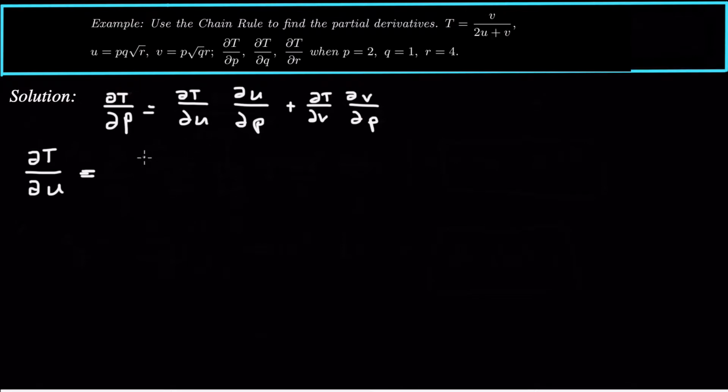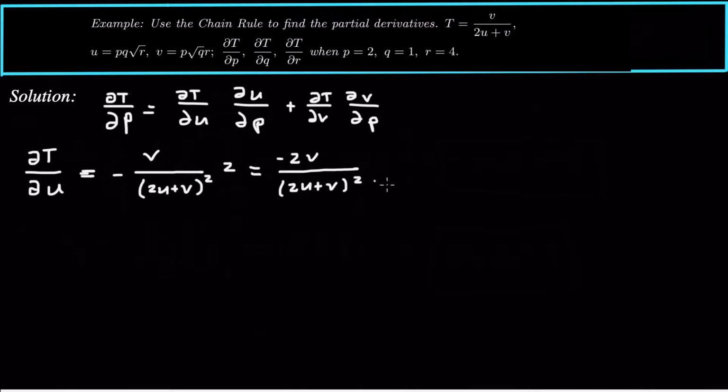So what that's going to give me is v, and a negative out front because it's in the denominator. So it's like 2u plus constant to the negative 1. Differentiate, multiply by negative 1, then we get 2u plus v squared in the denominator, and then multiply that by 2. So really this is going to be negative 2v over the quantity 2u plus v squared.